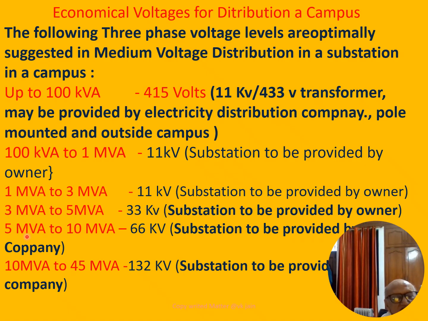Beyond a load requirement of 5 MVA to 10 MVA, a 66 kV substation is recommended, and substations are mostly provided by the electric supply company as it is in Delhi. If the load is more than 10 MVA to 45 MVA, then a 132 kV substation may become necessary, and this is to be provided by the supply company.